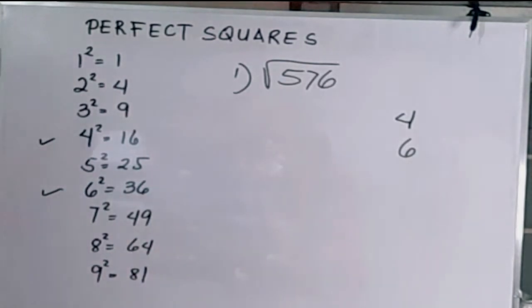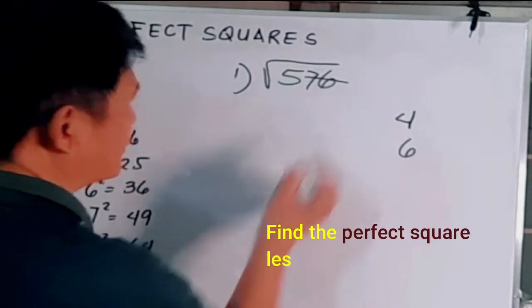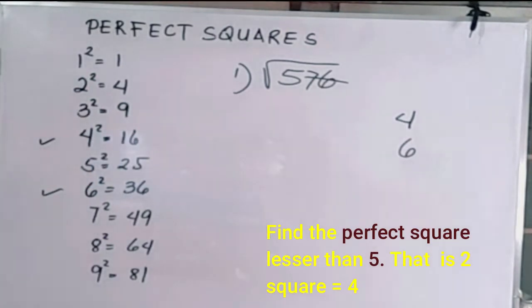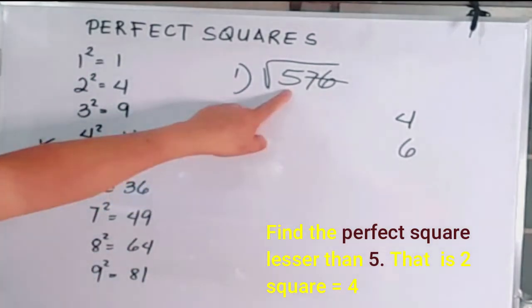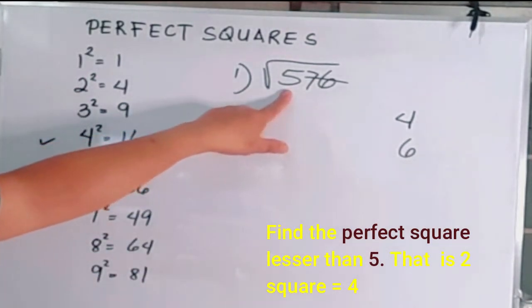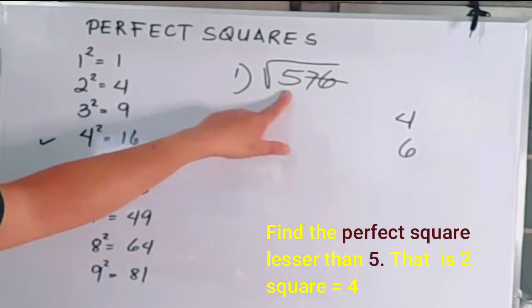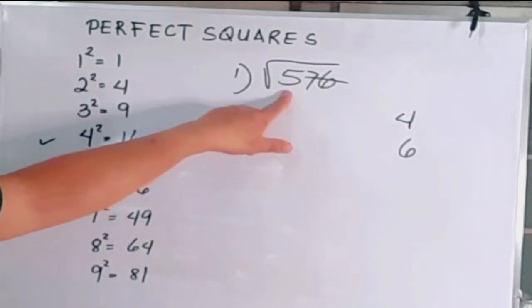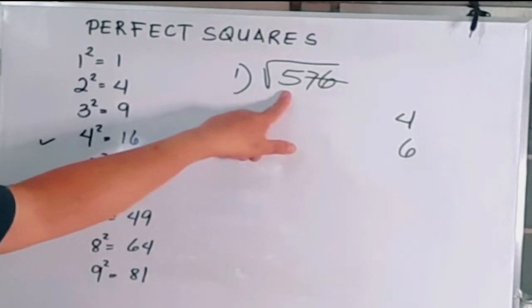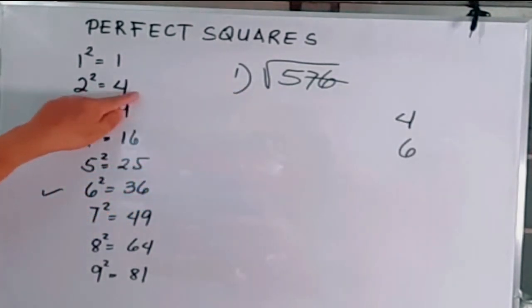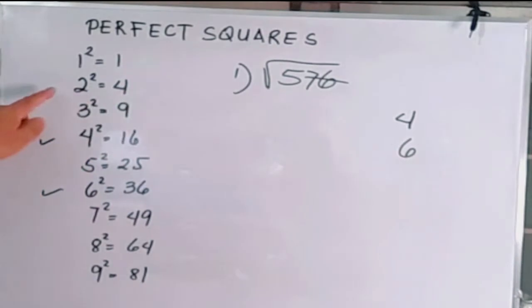Okay? So, next step, let us cross out your 76. Next step is to find the perfect square lesser than 5. What is the perfect square lesser than 5? It is 4, which is 2 squared.